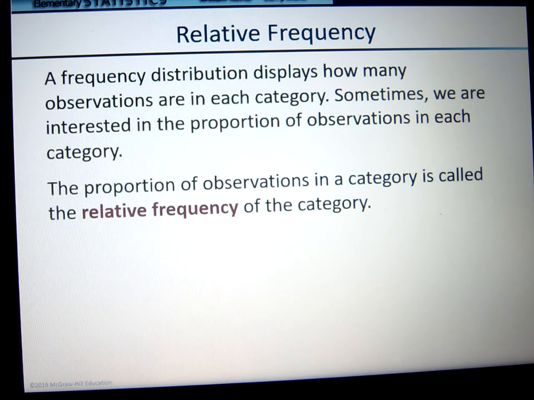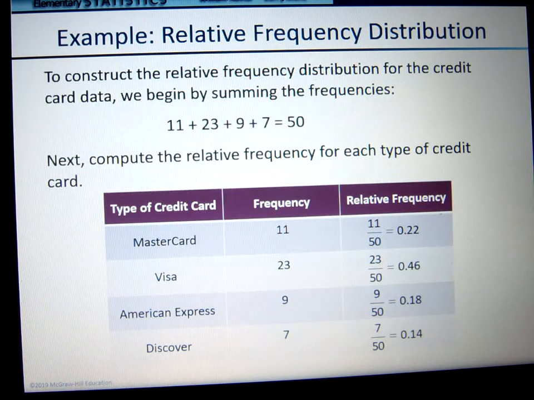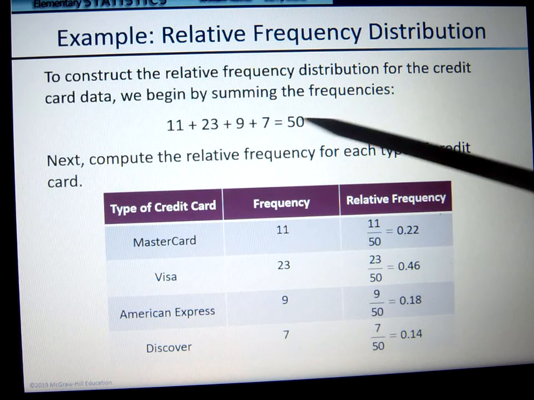Now, the frequency distribution displays how many observations are in each category, but sometimes we're interested in the proportion of observations in the categories, and the proportions of observations are called the relative frequency of the category. So what you will do is take the frequency divided by the sum of the frequencies to get your relative frequency. If we take a look at the example we just had, if we have 11 MasterCards, we know that we have a total of 50.